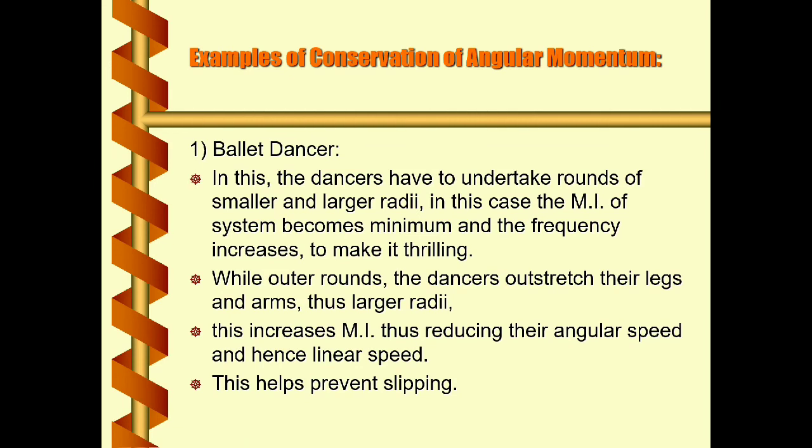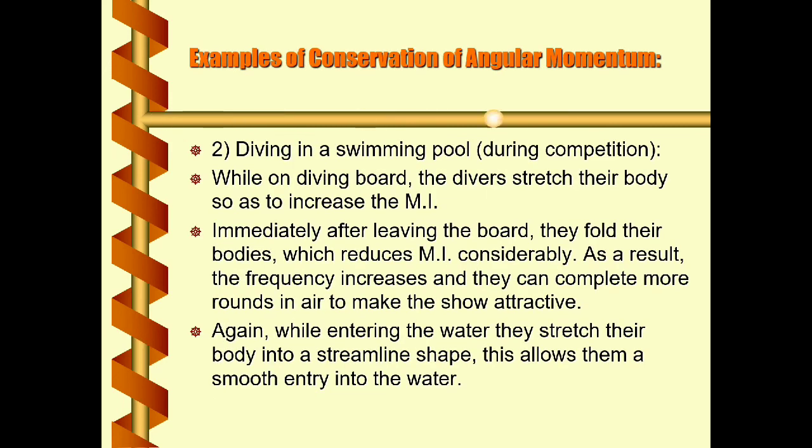If the ballet dancer folds his arms and legs, the moment of inertia will decrease and the angular frequency, omega, will increase, so that the product I omega remains constant.